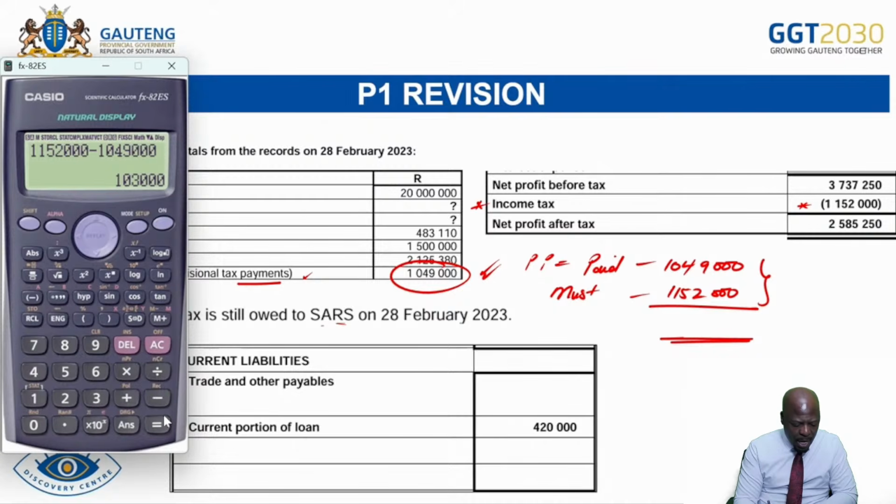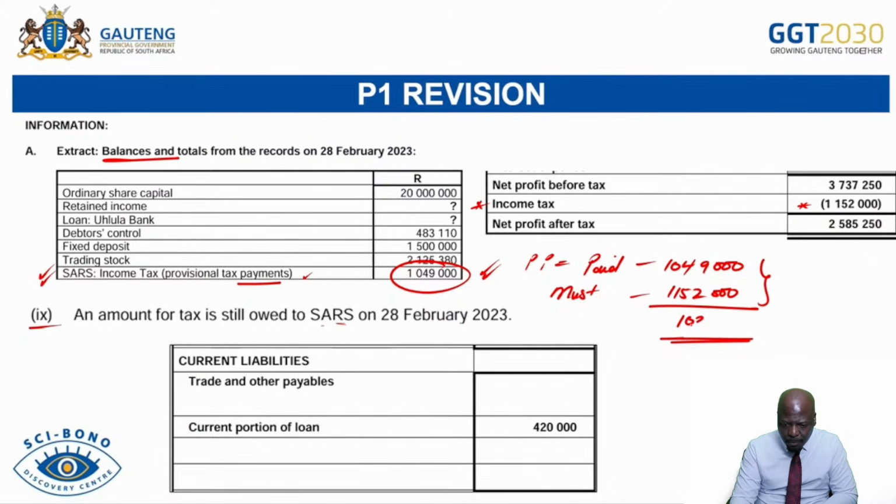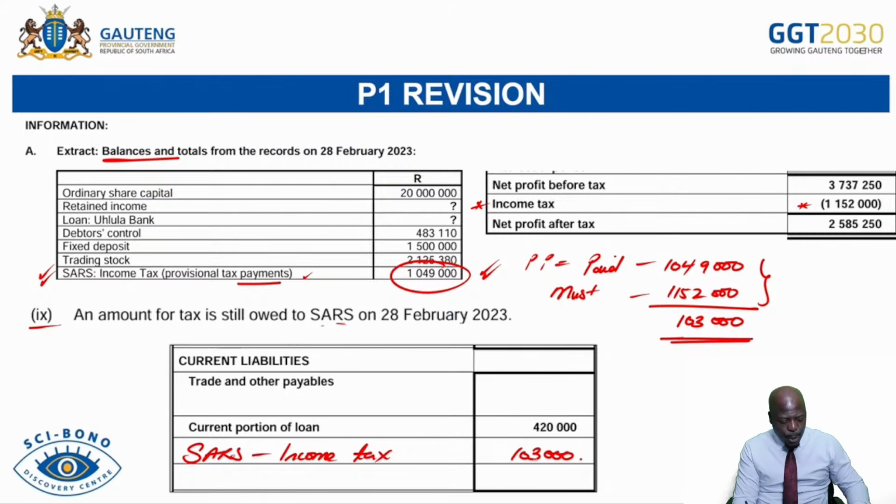So we must pay 103,000, and we call that SARS income tax, 103,000. Like that. So that is one way an examiner can bring this particular adjustment.